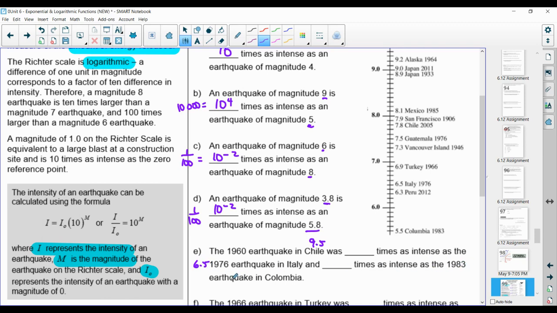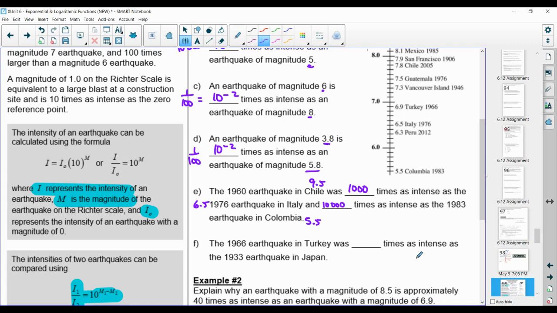And the 1983 earthquake in Colombia registered as 5.5. So 9.5 minus 6.5 is 3, so it was 1,000 times as intense as the 1976 earthquake. 9.5 minus 5.5 is 4. So this was 10 to the 4, or 10,000 times as intense as the earthquake in Colombia.